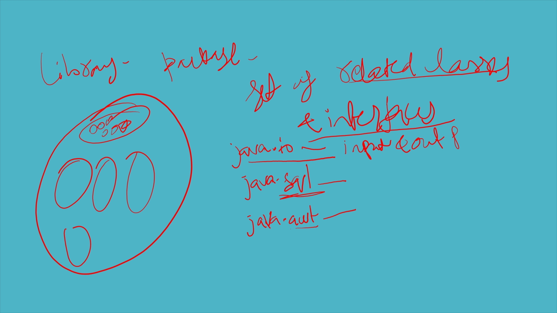Okay, we are going to talk more about these packages when we are discussing object oriented programming. Once object oriented programming is completed, we will discuss these packages more, but for now, a library is an archive file. We call it a jar file, Java archive file. So you can find all these jar files under libraries. And not only the JDK and JRE libraries, but in real time there are a lot of libraries.